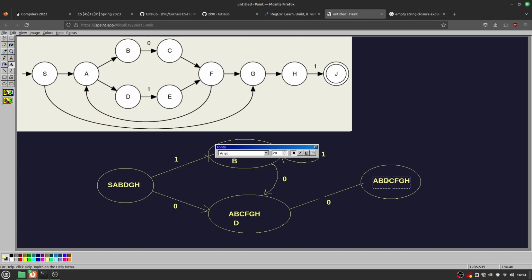From C, we can only get to, yep, the same thing. From F, pretty much the same thing. We can't get anywhere really.